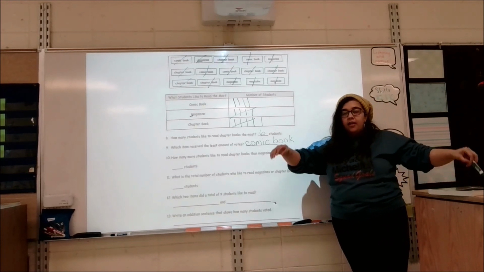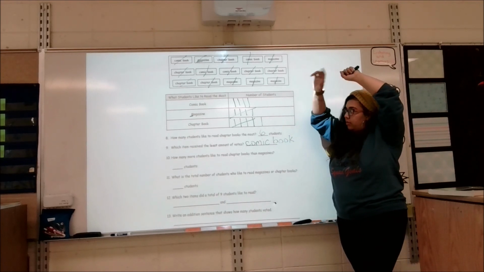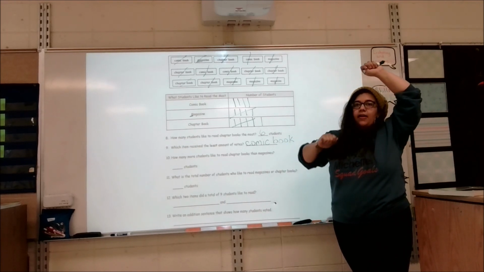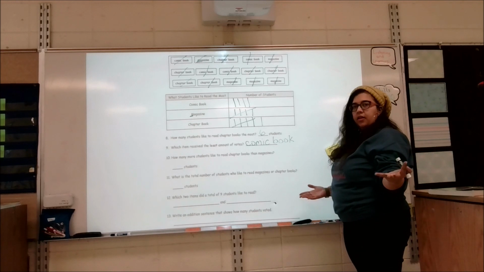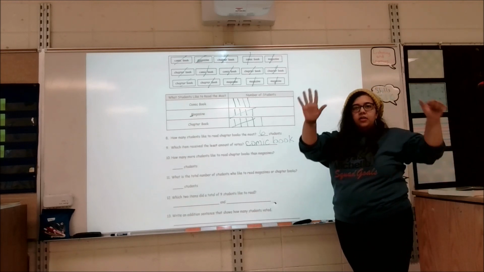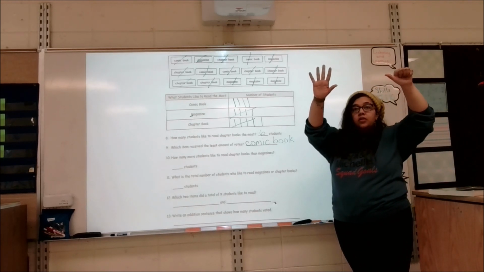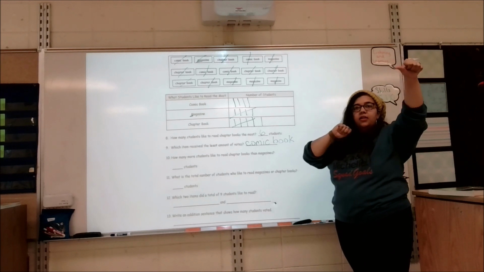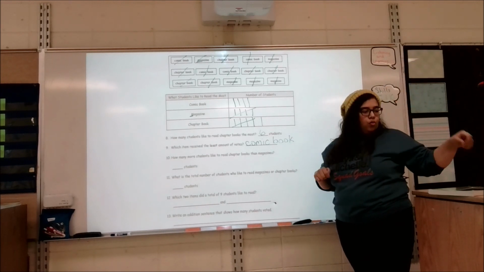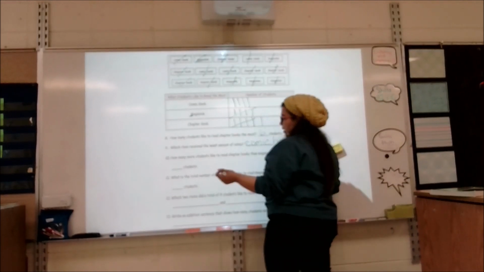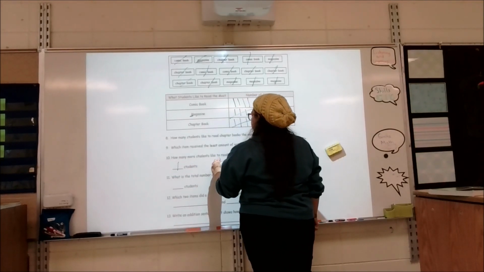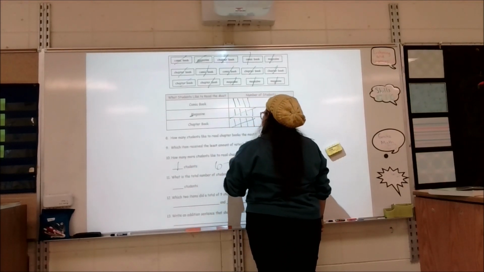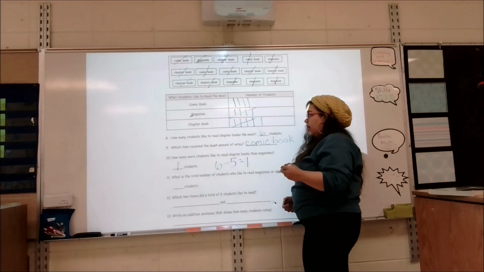So we take the larger number, the group of 6, minus the group of 5, and that leaves us with, so show me, 6 chapter books minus 5 magazines leaves us with just one student. We solved that using 6 minus 5 is equal to 1.